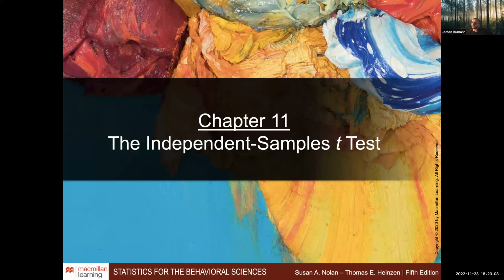Okay, we're continuing talking about the t-distribution, more specifically the independent sample t-test today. Just as a quick recap, last time we did the dependent sample t-test, which was a continuation of the one sample t-test. So we came from the z-test, where we compared a sample mean to a population mean and subtracted this difference.